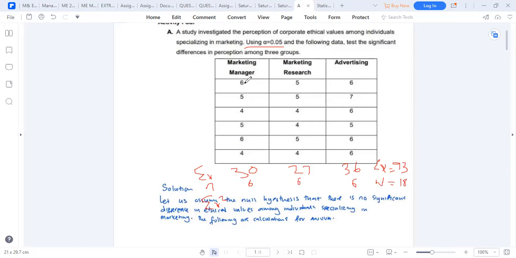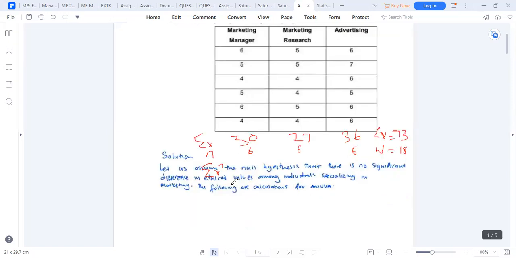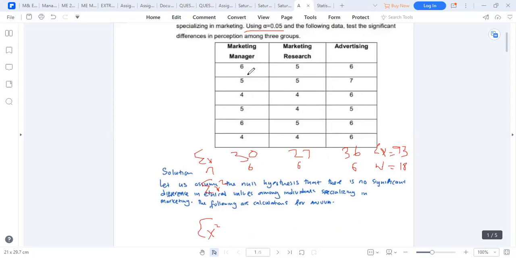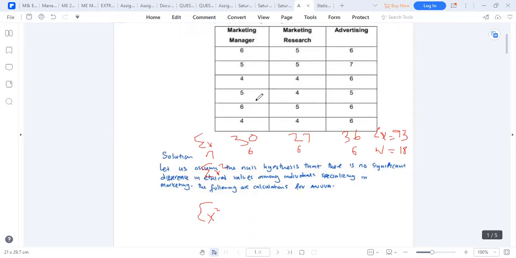And the squares, what's the square total here? 154, 123, 218.